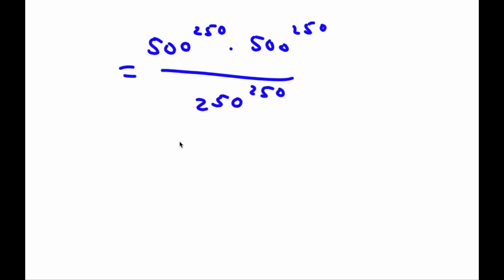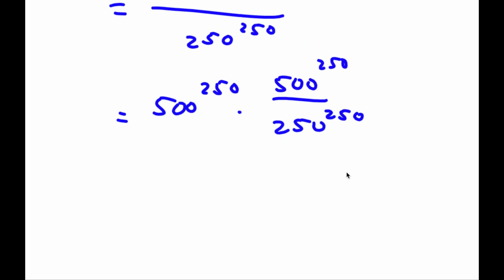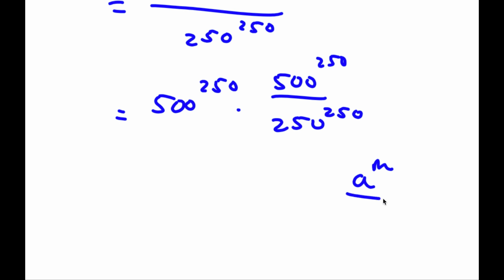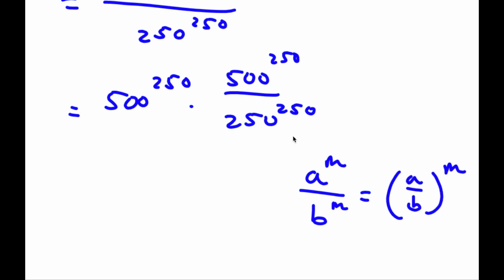Now this can be written as 500 to the power of 250 times 500 to the power of 250 over 250 to the power of 250. And if I have something in the form a to the power of m over b to the power of m, this is equal to a over b to the power of m.